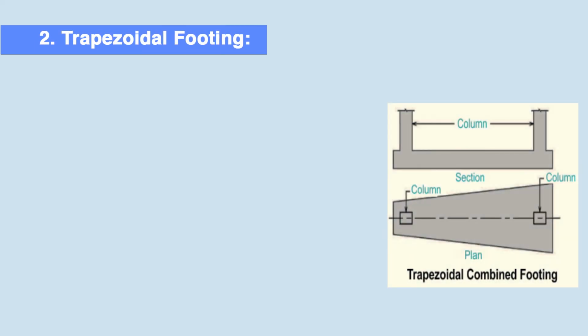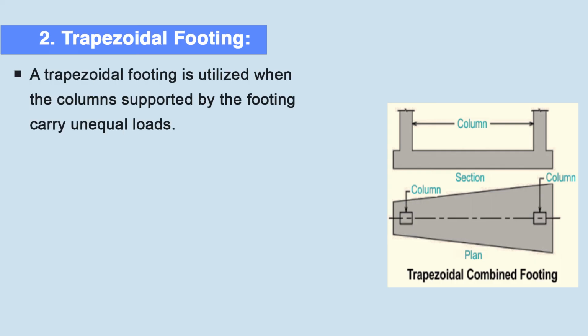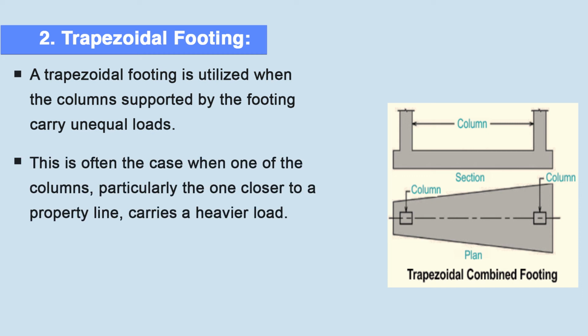Next is trapezoidal footing. A trapezoidal footing is utilized when the columns supported by the footing carry unequal loads. This is often the case when one of the columns, particularly the one closer to a property line, carries a heavier load.